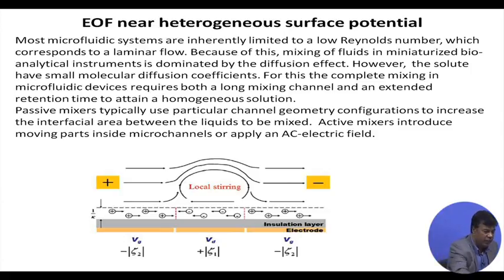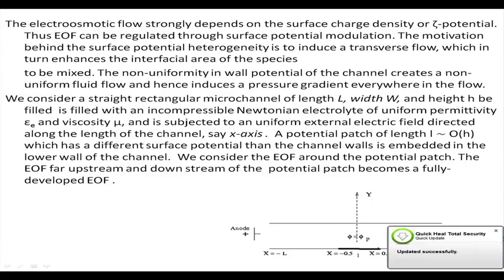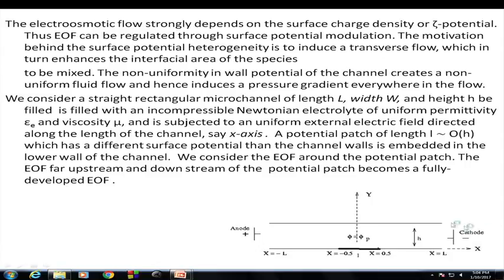So we will briefly talk about one such situation. What we consider here is a single heterogeneity, a kind of patch we can call a potential patch. That means you have a long, infinitely long microchannel with homogeneous zeta potential everywhere except in a portion where the zeta potential has an abrupt change, that is a step change in zeta potential.